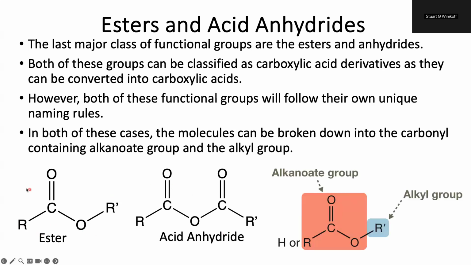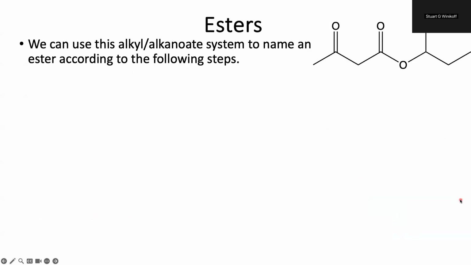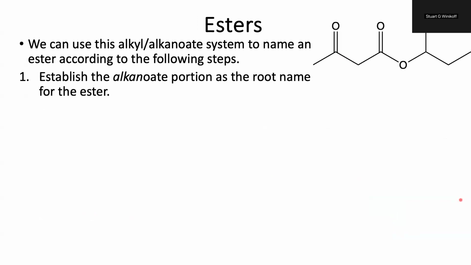So in the case of esters, we call this main chunk the alkanoate group. So again, I have an alkane, and that oate is also a name for a deprotonated carboxylic acid. And then, just like an ether, I can treat the species on the other side of the oxygen simply as an alkyl group.